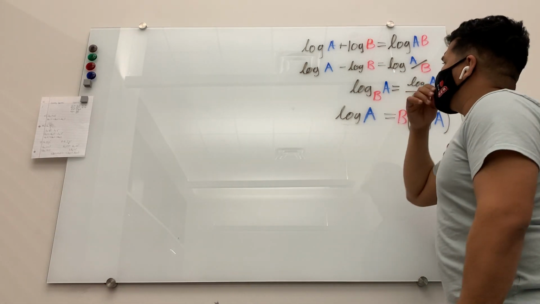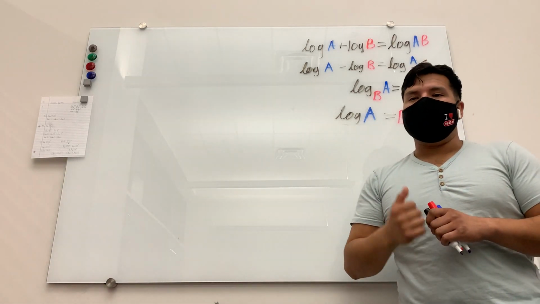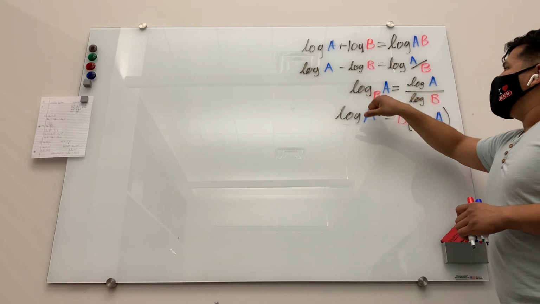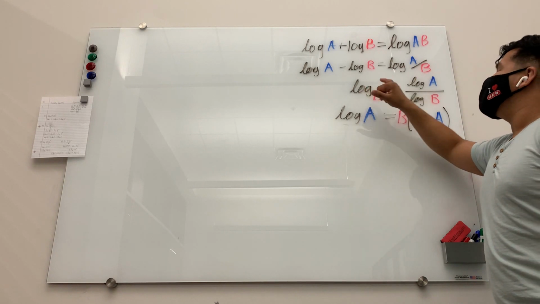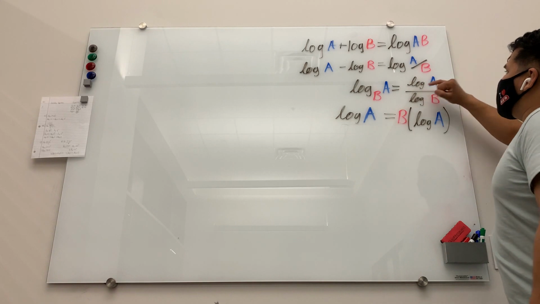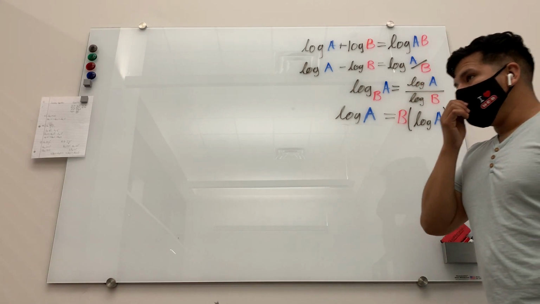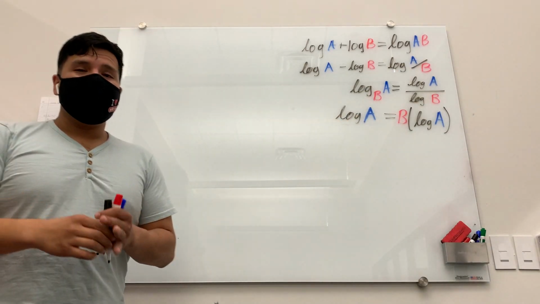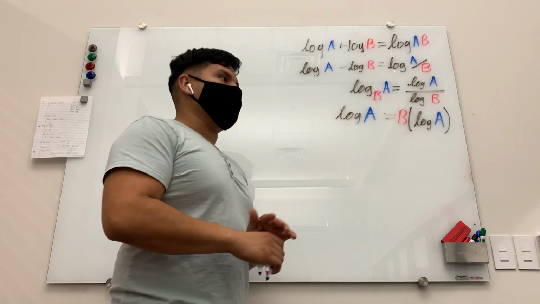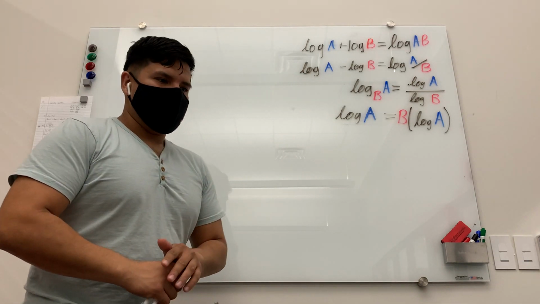And then for this one here, as I was saying, this is the only one that has a base change in it. When you think of base change, this is what you're thinking of: log base b of a is the equivalent of log base 10 of a over log base 10 of b. Now, the proof of that, as well as the proof of every one of these, I will leave for another video.